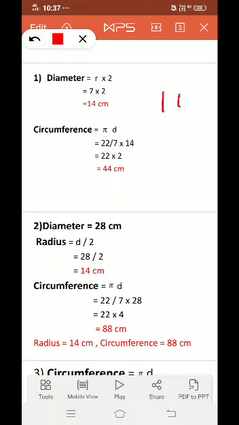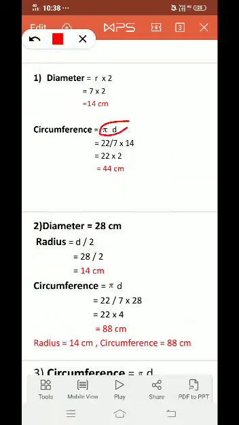Now see, 14 is up and 7 is in the denominator. You can divide 14 upon 7, it is 2. That's why here you are getting 2. Now 22 into 2, it will be 44 centimeter. This is the answer. How to find out the circumference.